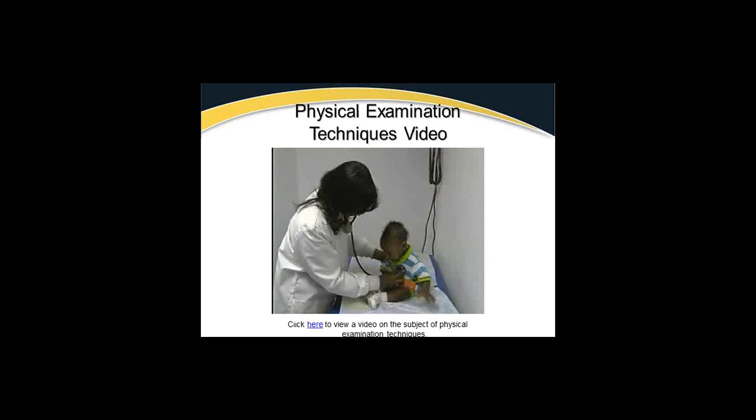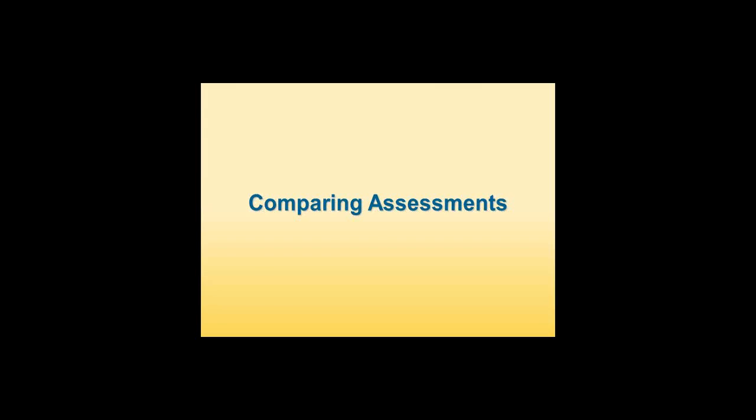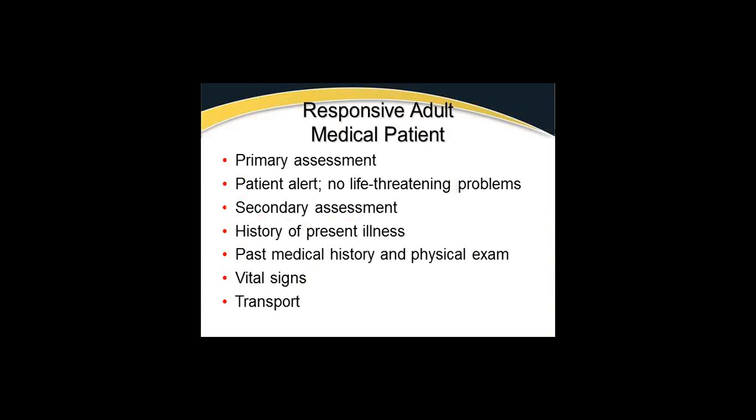There's a video regarding physical exam. So comparing our assessments. The responsive medical patient's primary assessment is basically the same in everybody. We can really tailor that in the conscious and alert patient.